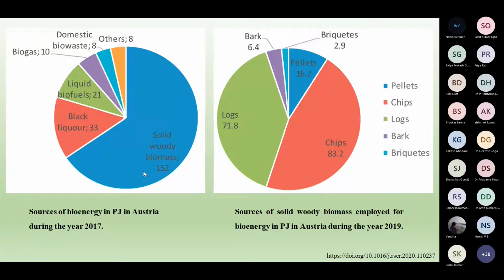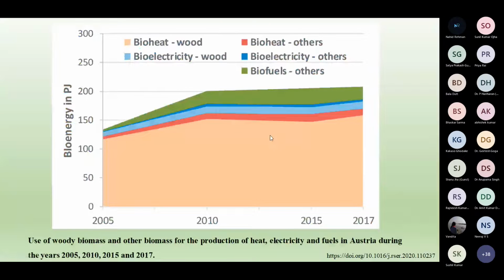They also use chips and logs. Here the chips are the major one in comparison to the logs of those solid woody mass for extracting heat, electricity or fuel.